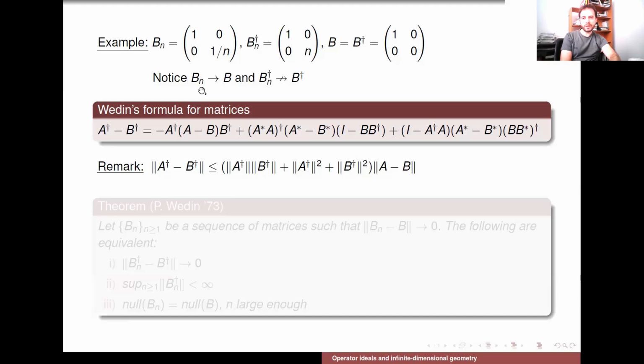So Bn converges to B, which is here B, obviously, but the Moore-Penrose inverse, of course, does not converge because the norms of these matrices become arbitrarily large.